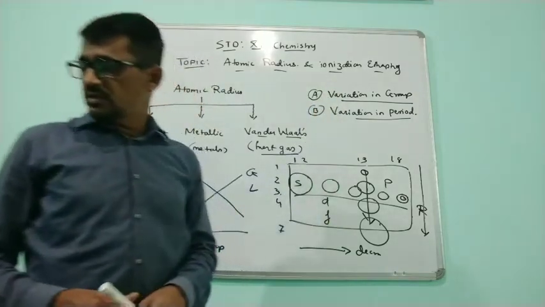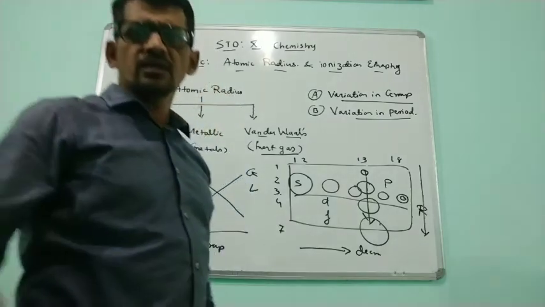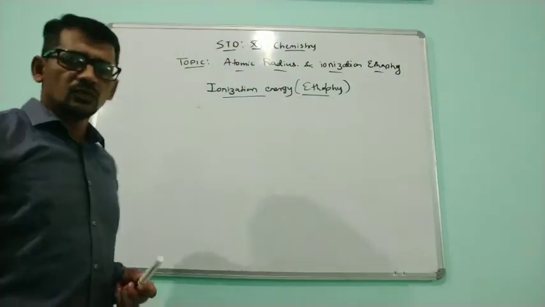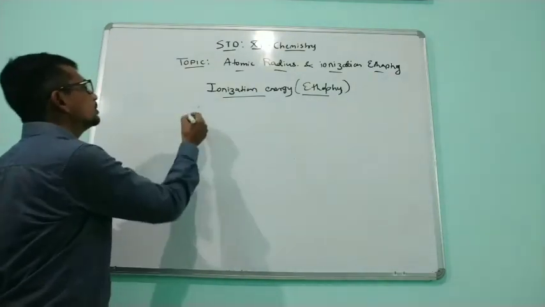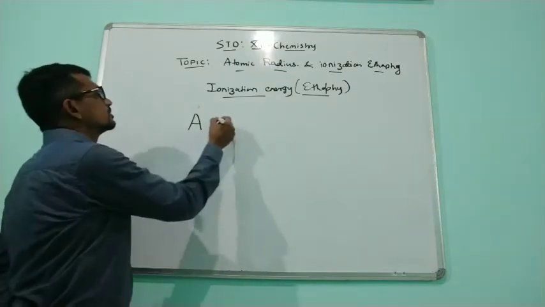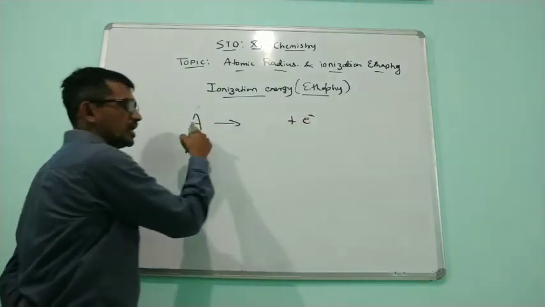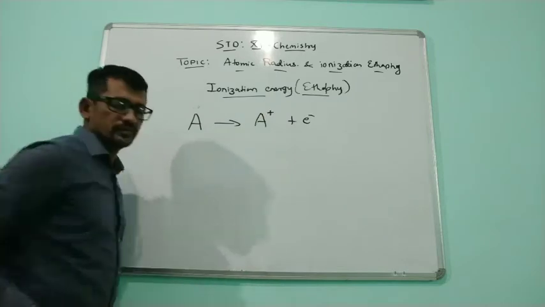Now the second topic that we discuss is ionization enthalpy. Ionization energy or ionization enthalpy. Suppose you take one atom A and remove one electron from that neutral atom and convert it into the ion A plus.